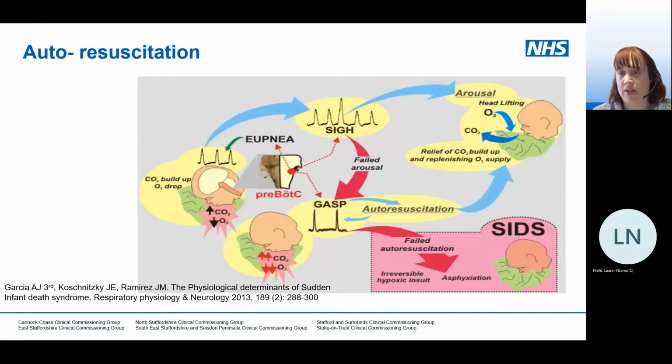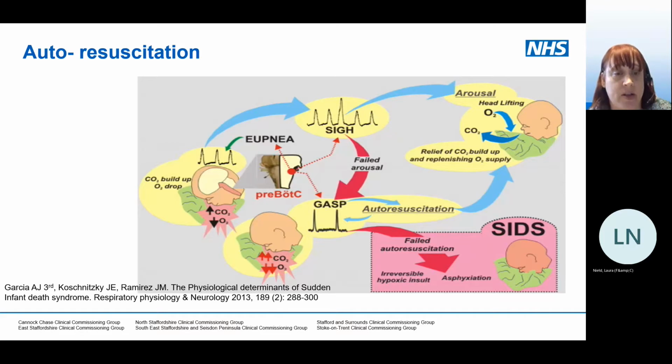I'm going to show you a little diagram now that talks about auto-resuscitation. So that's how I've just explained the sigh and gasp as the baby breathes in and returns to a normal breathing pattern.